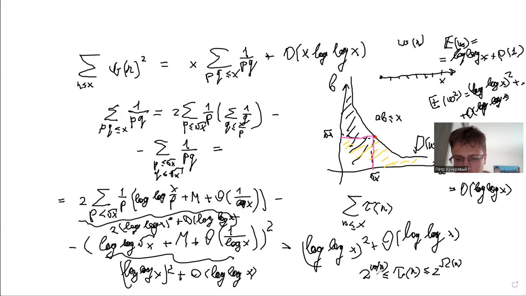I give you a hint because we have no time to solve this problem. There are such trivial estimates. Think why this is true. And after that, you want to show that there are not many numbers such that tau of n is not normal.